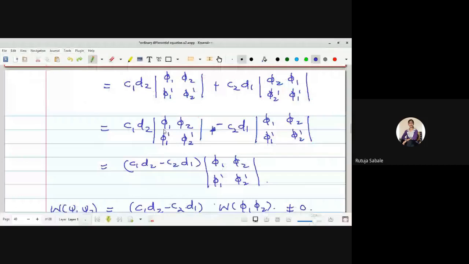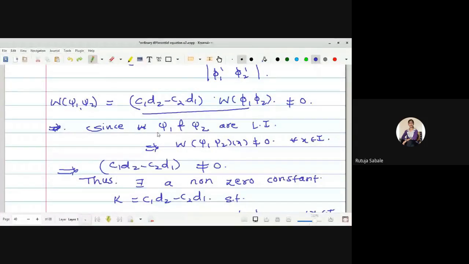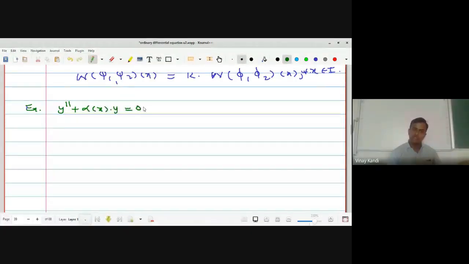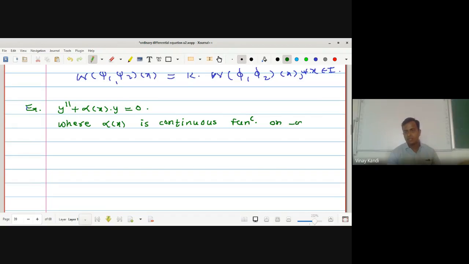Okay. The next example on this. Y double dash plus alpha of x into y is equal to 0, where alpha of x is a continuous function on an interval, which is given as the whole R, minus infinity to plus infinity.